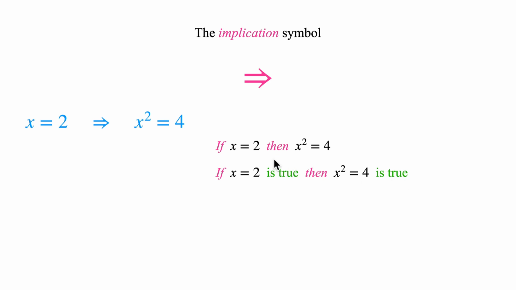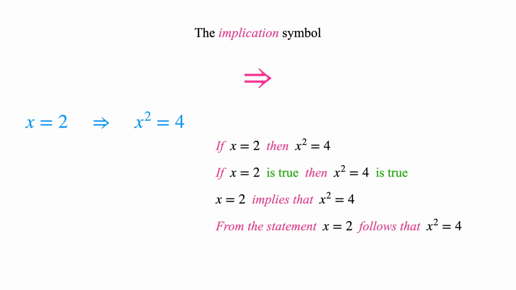Or x is equal to 2 implies that x squared is equal to 4. Or you can also say from the statement x is equal to 2 follows that x squared is equal to 4. So these are four ways of reading the same statement.